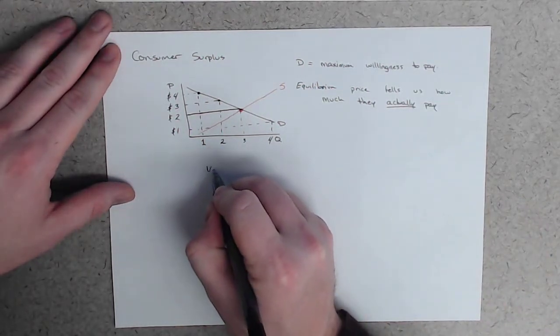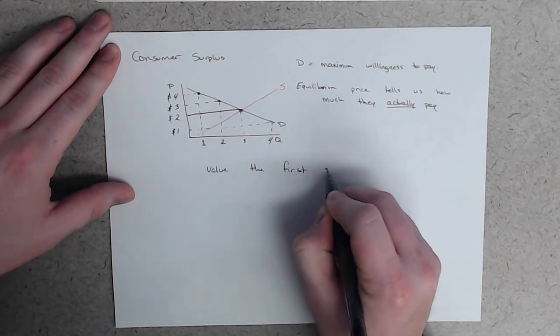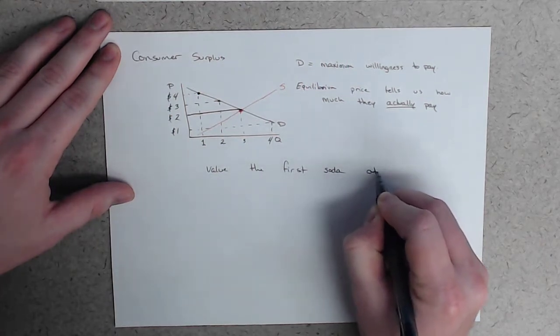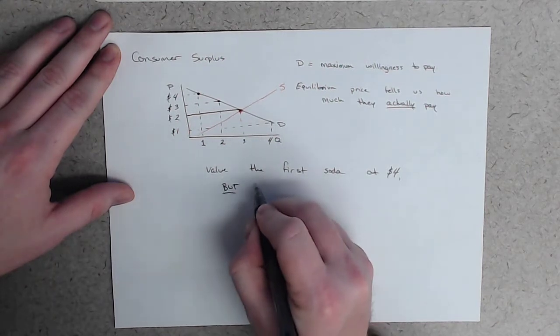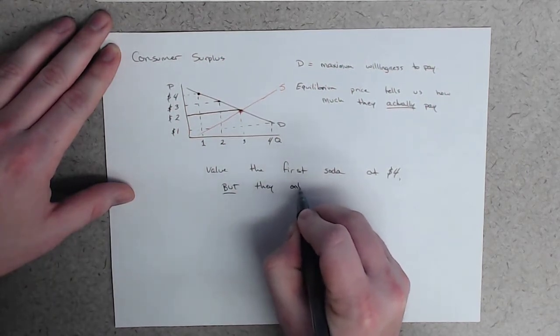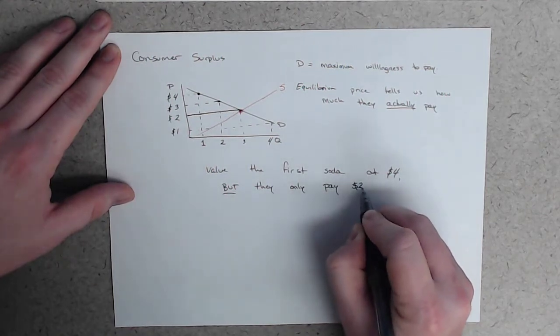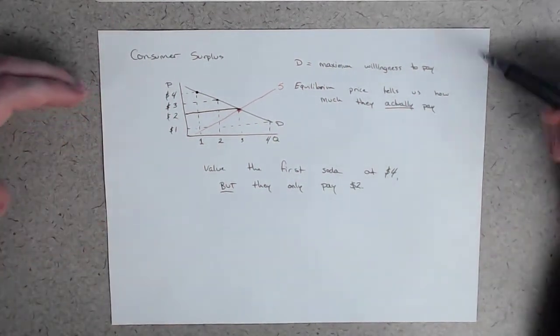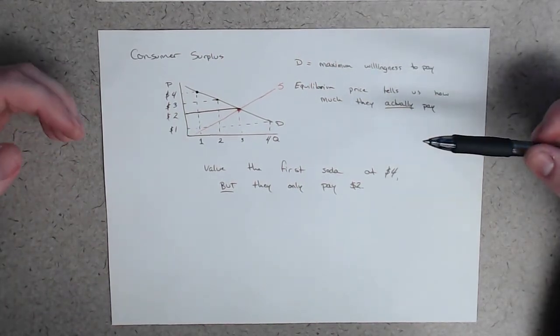Okay, so they value the first soda at $4, but they only pay $2. And so the soda is worth $2 more to them than the price. Okay?